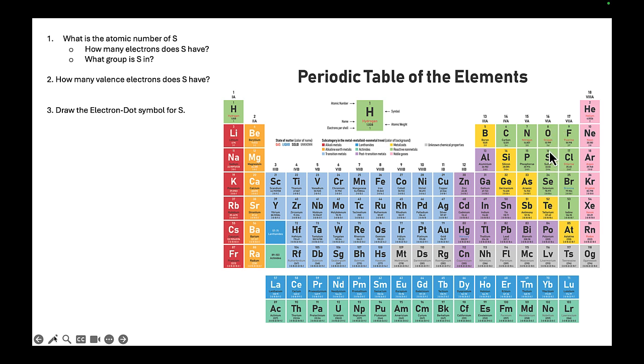And sulfur, because it has 16 protons by definition, remember atomic number is the number of protons, and the number of protons is going to equal the number of electrons when we're talking about a neutral atom. And so sulfur has 6 valence electrons because it is in group 6. And so again, those group numbers make it really nice and easy.